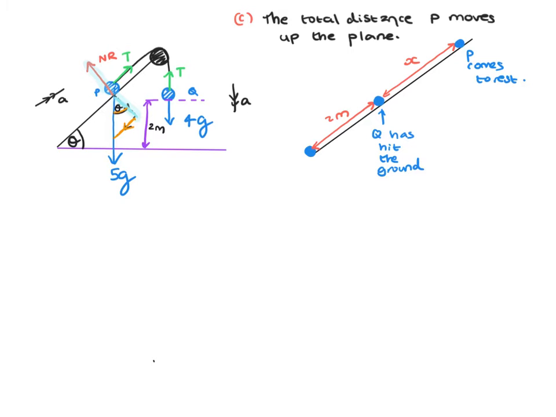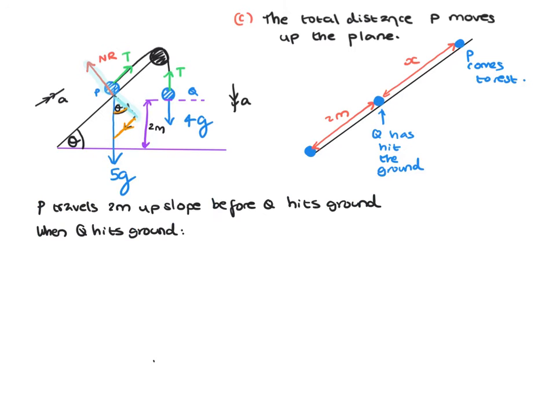So let's start working this out. We know that P travels 2 meters up the slope before Q hits the ground. Let's think about the moment when Q hits the ground with some velocity, and I want to work out what that velocity is. If you remember, we wrote down that s was equal to 2, u was equal to 0, v we didn't know, a was equal to g over 9, and actually t we worked out it's 1.916... So we do actually know the value of t.